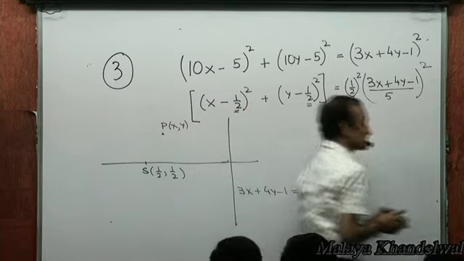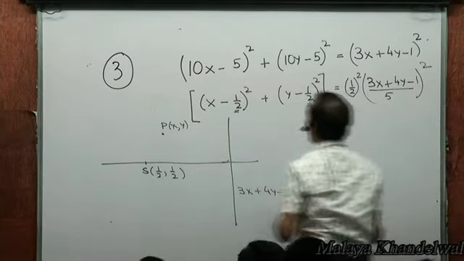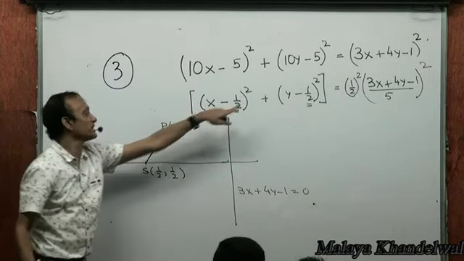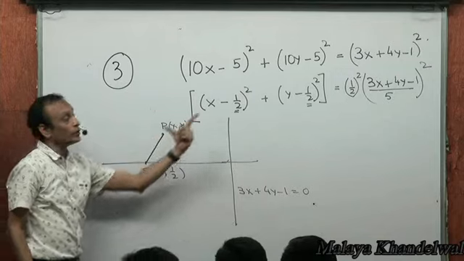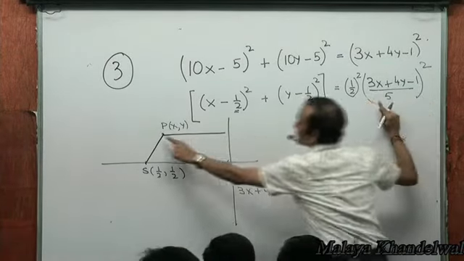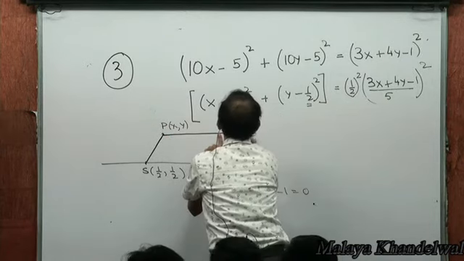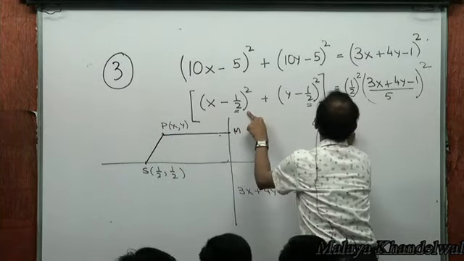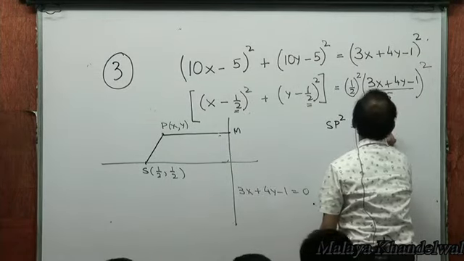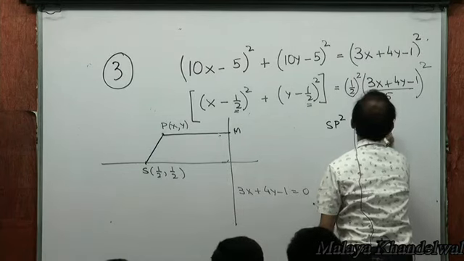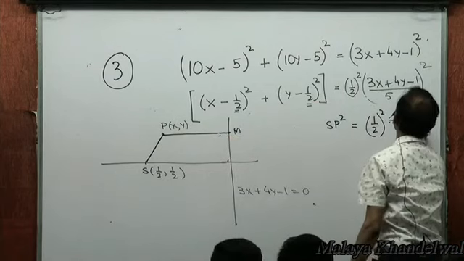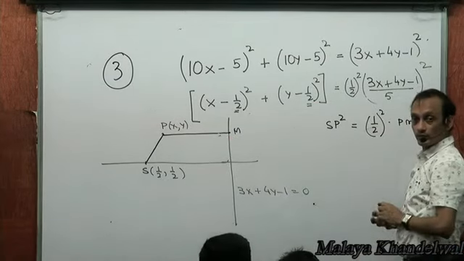There is a line 3x plus 4y minus 1 equal to 0, and the left hand side represents SP squared, isn't it? The left hand side is the square of the distance of S from P. The right hand side is the square of the distance of P from this line. So the left hand side is SP squared, and the right hand side is 1/4, half whole squared, into PM squared, isn't it?